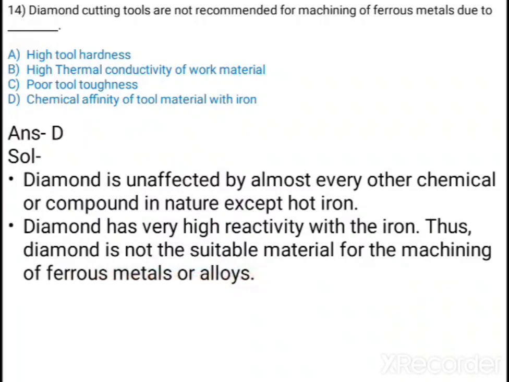So diamond cutting tools are not recommended for machining of ferrous metals due to the chemical affinity of the tool material with iron. That is the property, that's why we cannot recommend diamond cutting tools for machining of ferrous metals. Chemical affinity of tool materials with iron, that is the correct option D.